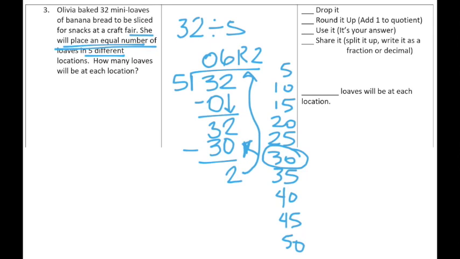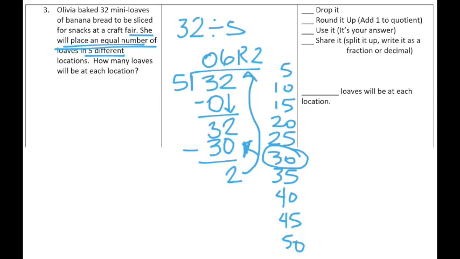Okay, so now I'm thinking about it. She had 32 loaves of bread. And she's going to put them in the 5 locations. Well, 2 of the loaves of bread she can't just divvy out. So what should she do with the 2 loaves?